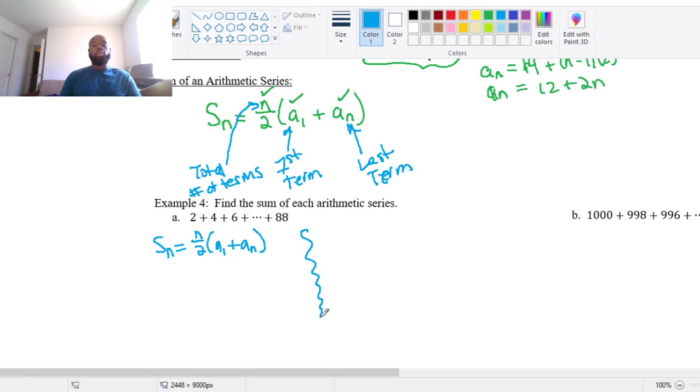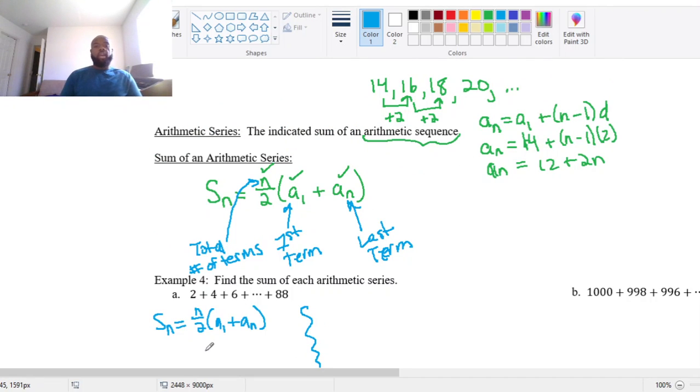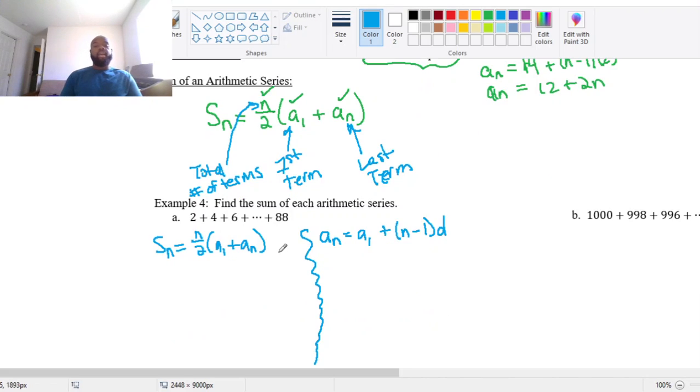And so what we could use is this information that we already know, this formula here that allows us to find our general term in our arithmetic sequence, right? And so my a sub n, actually, that's our nth term there, and we actually know this value is 88.